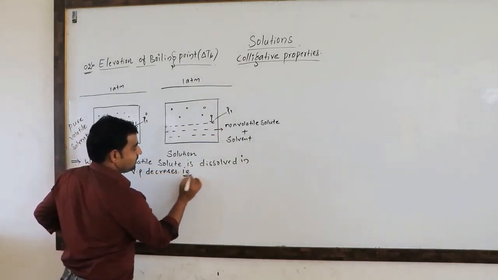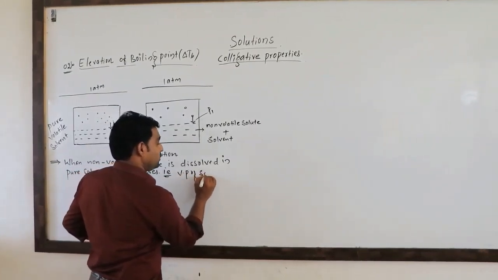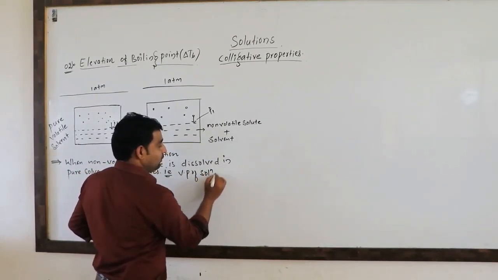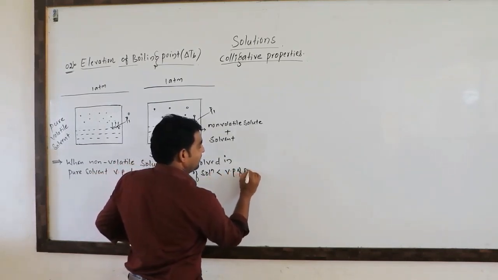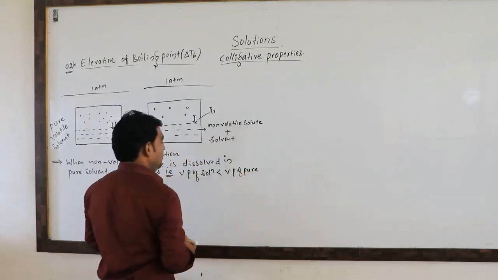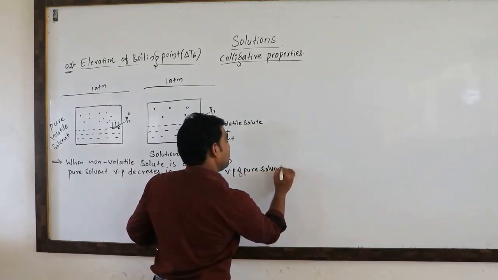That is, the vapor pressure of the solution is always less than the vapor pressure of the pure solvent. Always less than the vapor pressure of the pure solvent.